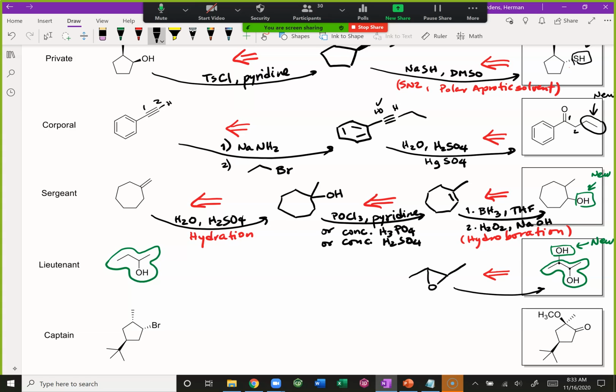Going from here to there, I simply add acid in water. That will protonate this OH, and then the water will come from the top and add there. And then more water grabs the excess hydrogen, and that will pop this up. All right, so that's how you would do this reaction.